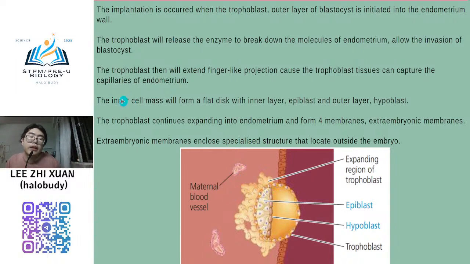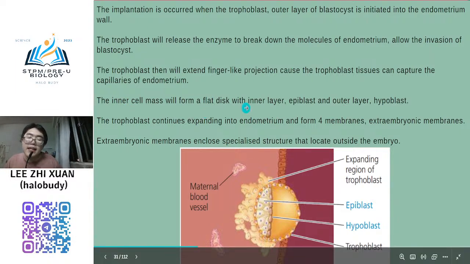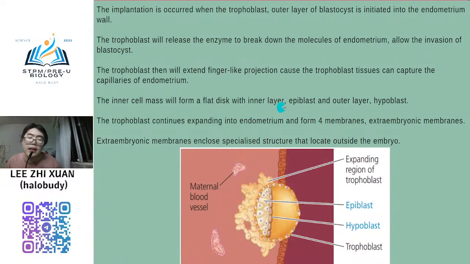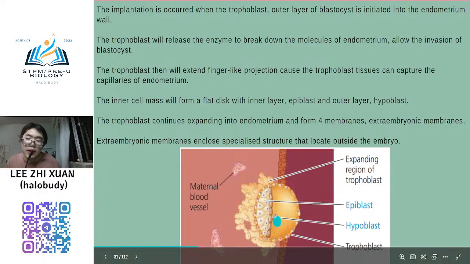Okay. At the same time, your inner cell mass will form a flat disc with an inner layer we call the epiblast, and another outer layer we call the hypoblast.